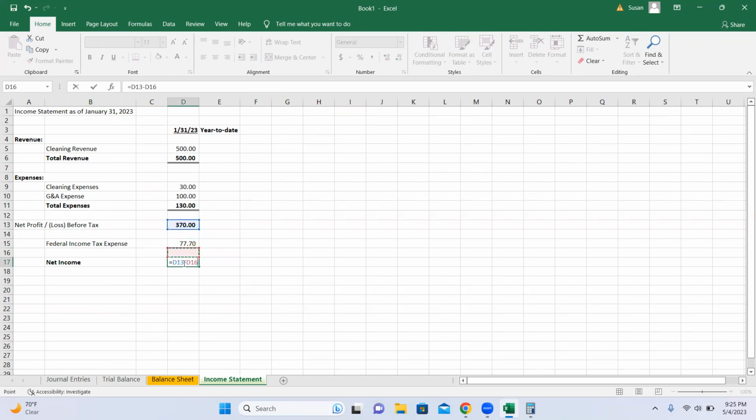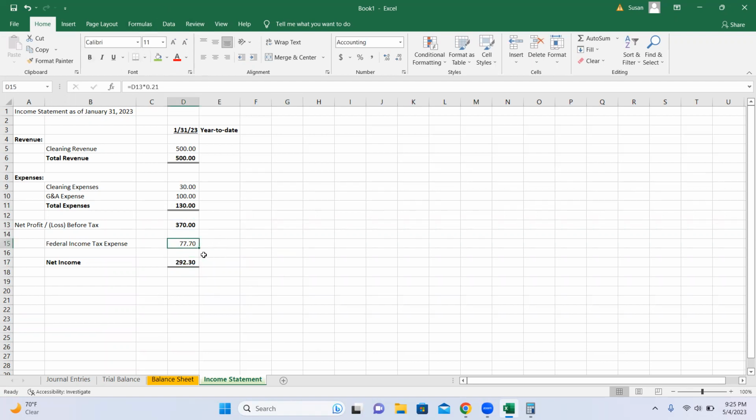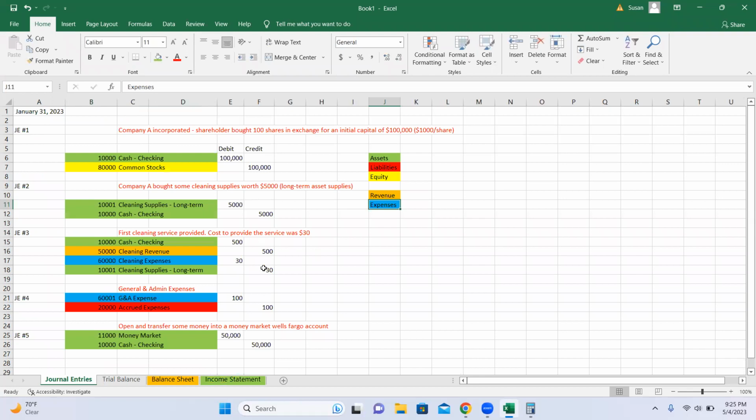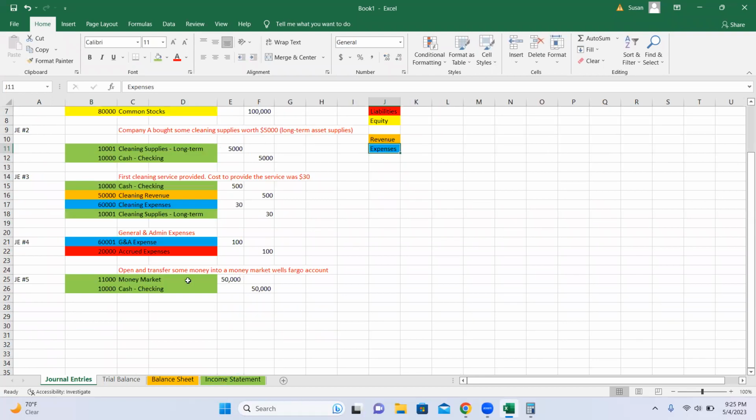Now, because we also factor in taxation, we have to recognize this tax expense in our journal entries. So I'm going to go back to my journal entries here and add another journal called JE number 6 and recognize the taxes here.